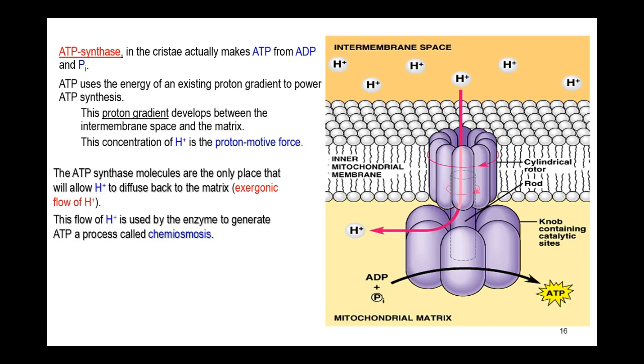ATP synthase uses energy from the existing proton gradient to power the synthesis.